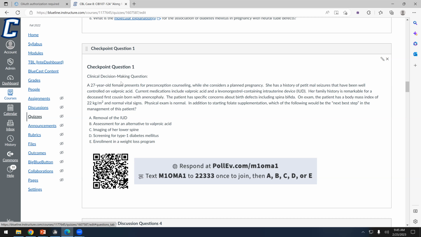We have not done that to this point. We're just giving them the opportunity to take them out of the case. So each of these checkpoint questions takes them out of the case, but to a related scenario. So they're learning that they can transfer the knowledge that they have to something different. Rather than being linear within the case, we're taking them out and providing them the opportunity to see how what they have already discussed applies in a different case.